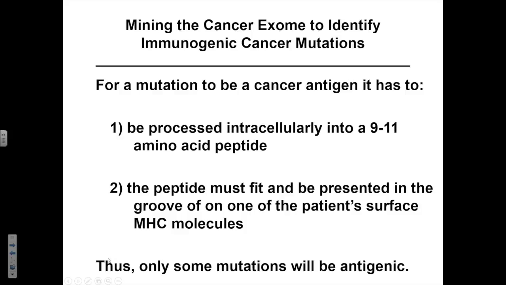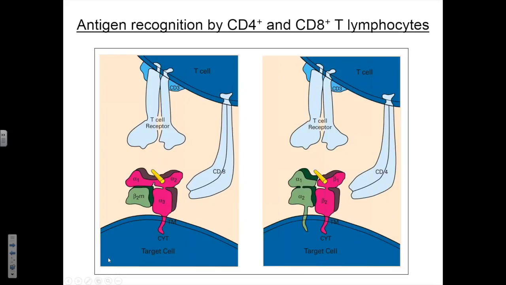So that's only some mutations, and in fact rare mutations will be immunogenic because, of course, this small peptide has to fit into one of the six class 1 or class 2 molecules of that patient. And so a mutation that might fit into one patient's class 1 molecules might not fit into another patient's class 1 or 2 molecules. And you see here for class 1 and here for class 2.